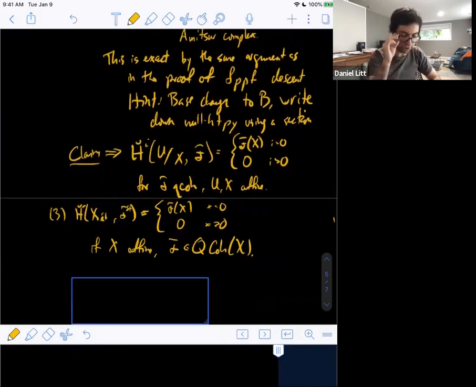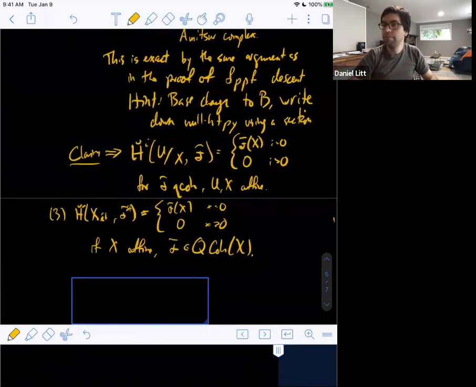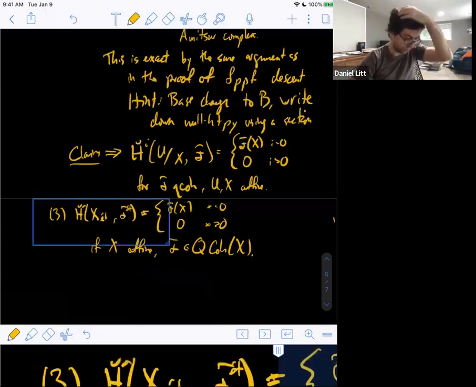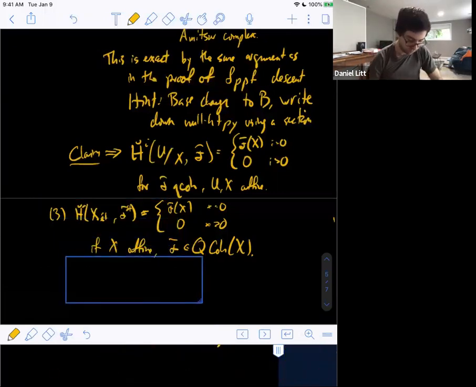So can anyone explain to me how to deduce this from the previous statement? So we showed this not for arbitrary covers, but we showed this for affine covers, right? So how do we get the general statement? So remember, this is the direct limit over all covers, but I told you in step 1 that every cover can be refined to an affine cover.